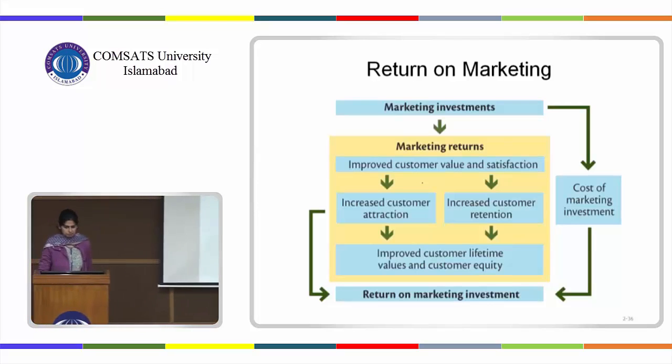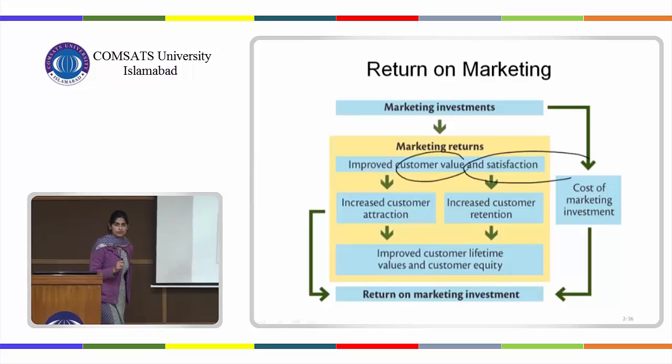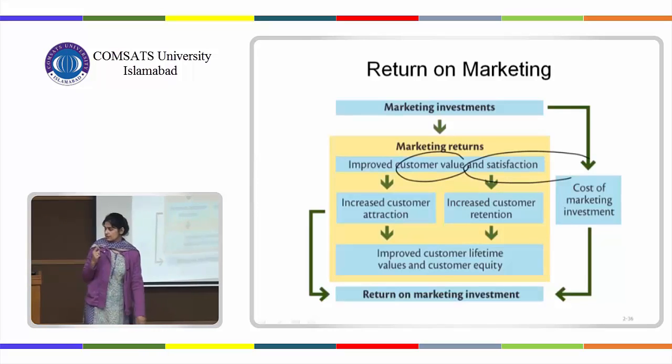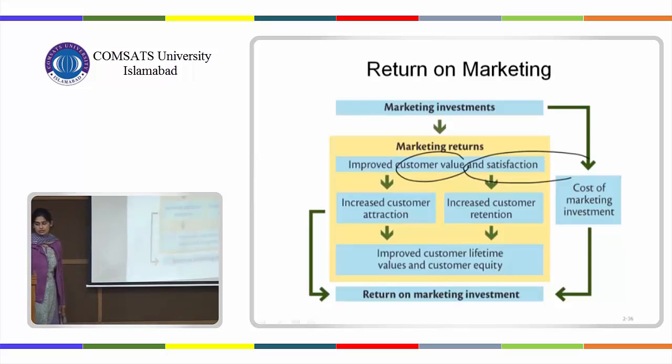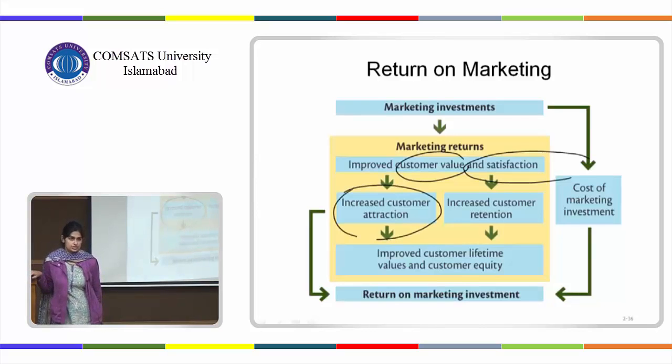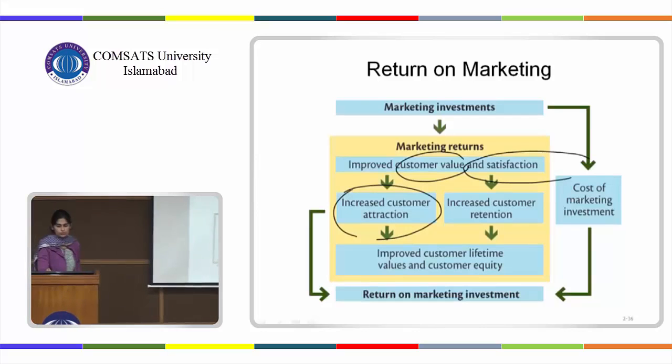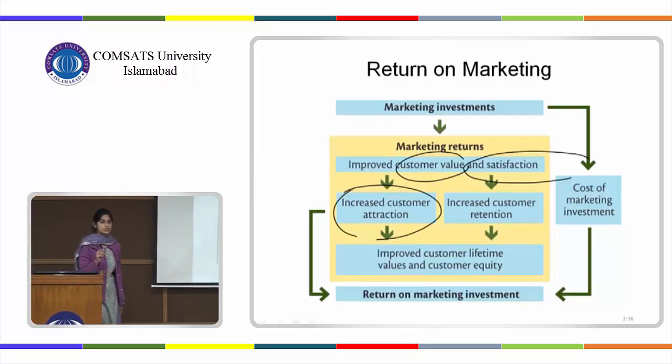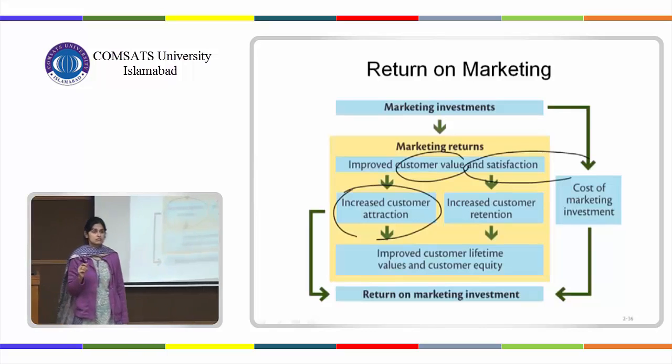Here you can see, as a result of your marketing effort, the customer value and the customer satisfaction would increase. As a result of customer value increasing, there would be increased customer attraction, so your value equity would increase, and so would your retention equity with increase in satisfaction.